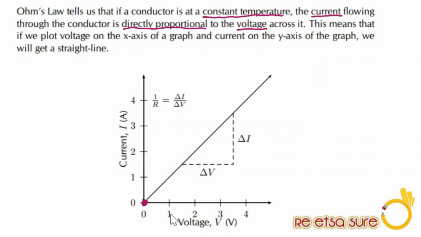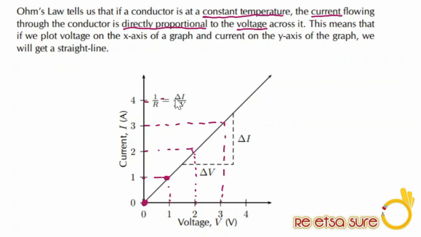Now let's check. Our voltage here is 1, and our current is also 1. My voltage here is 2, meaning my current is 2. My current is 3 and my voltage is 3.